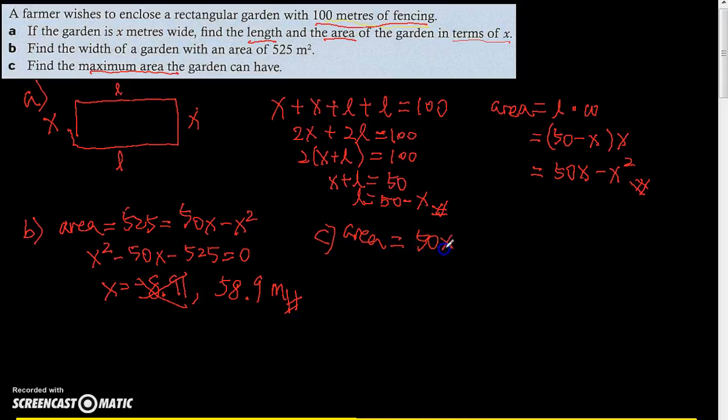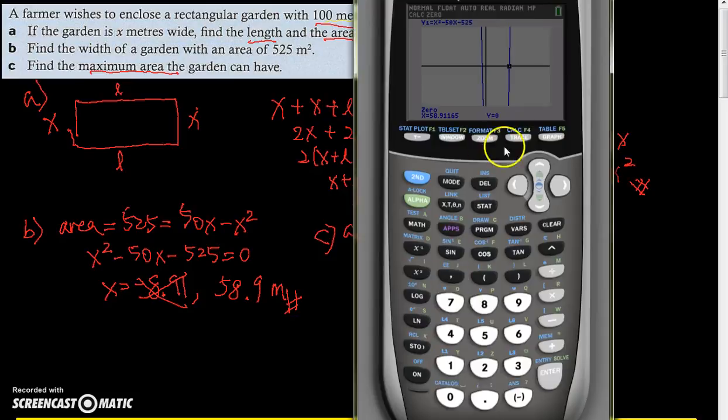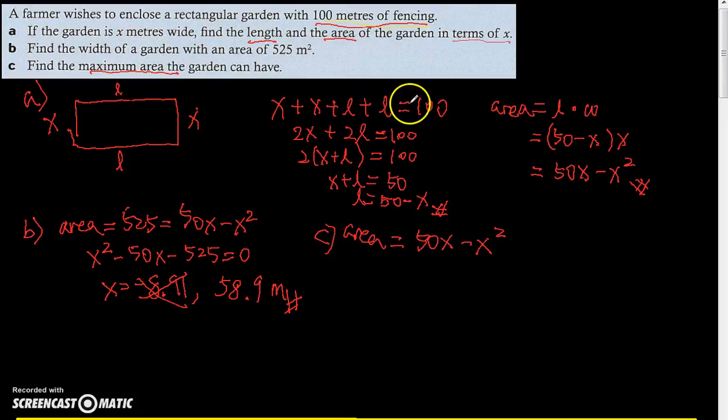So my area is equal to 50x minus x squared. And I'm going to use my graphing calculator to find my maximum point. Right? If you think about this, let me rearrange this equation. This is equal to negative x squared plus 50x, right?